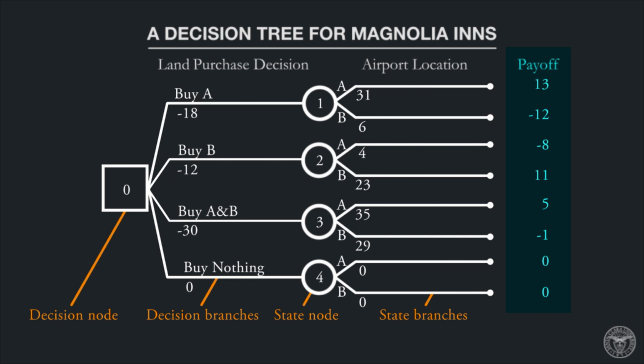For example, if we use decision A and the state of nature is A as well, we get a payoff of 13. If the state of nature is B, we have a value of -12. We can list all the payoff values at the end of the branches, like -8 for decision B, for state of nature A, and so on.